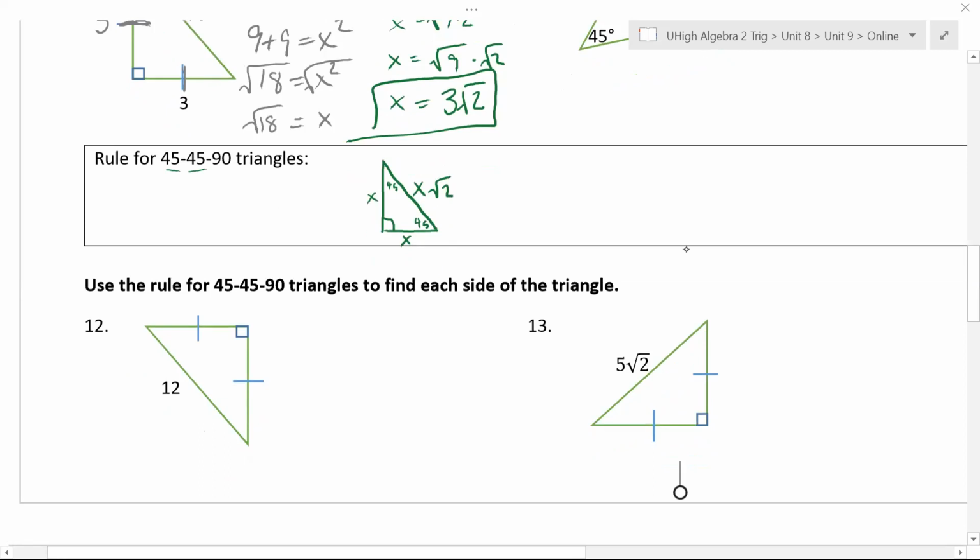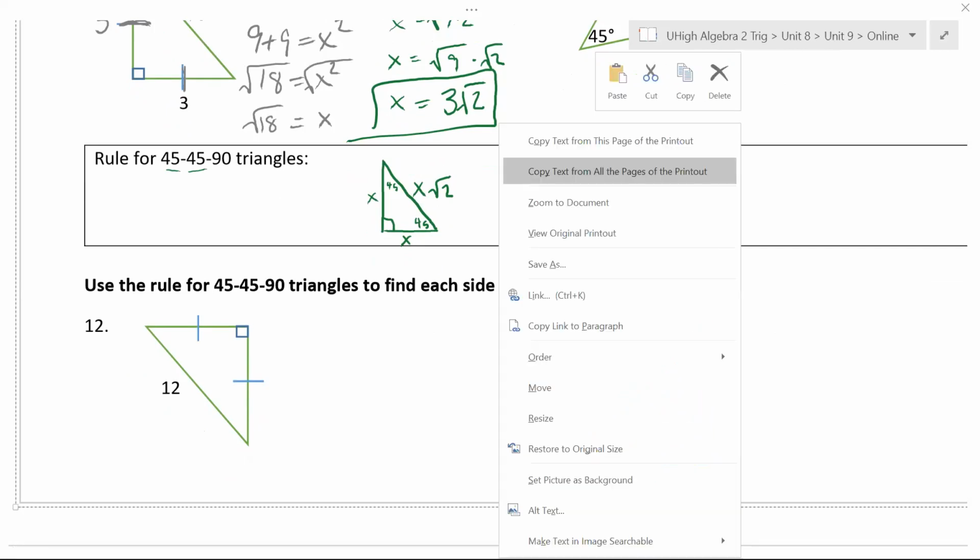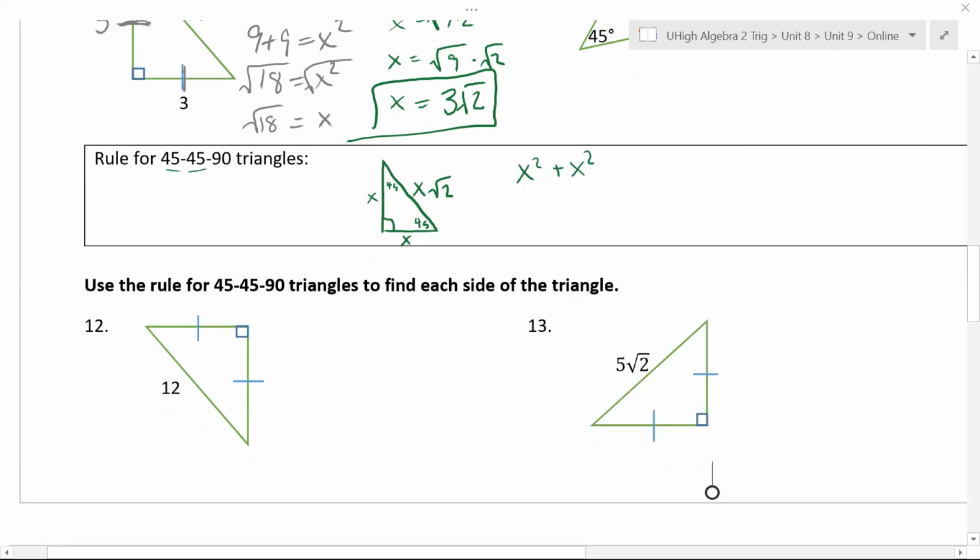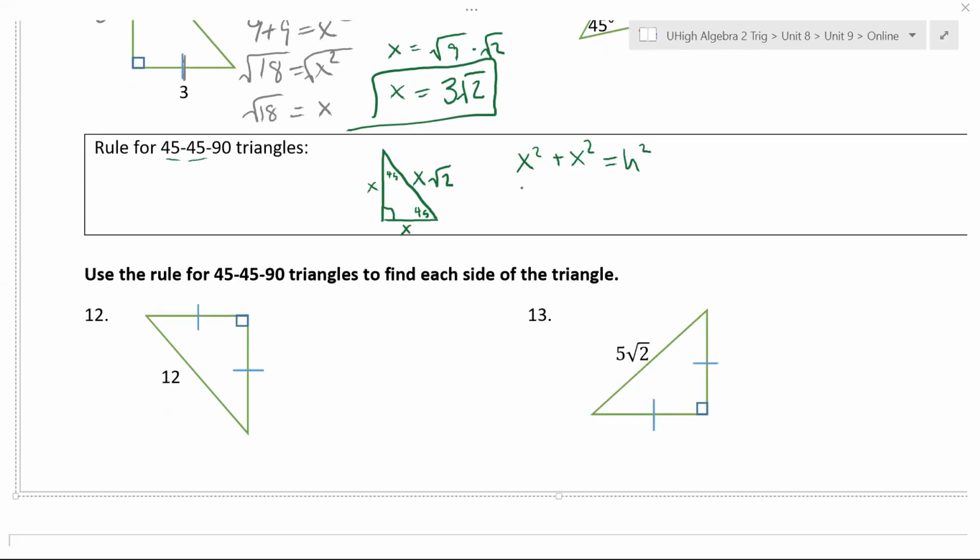So if I'm saying that x squared plus x squared, so my two legs, equals, I'm going to just call this third side my hypotenuse squared. So x squared plus x squared is going to be 2x squared equals my hypotenuse squared.